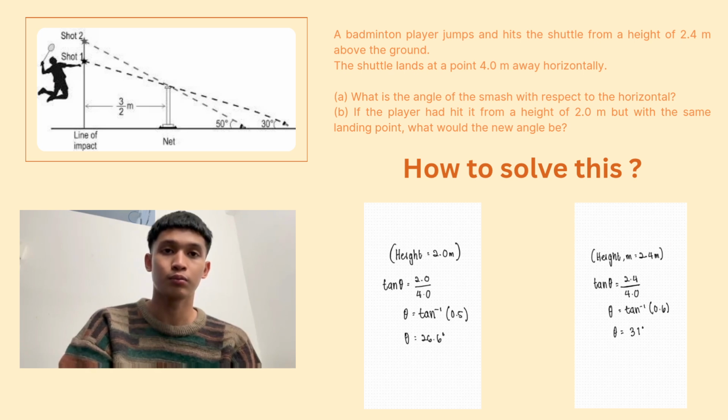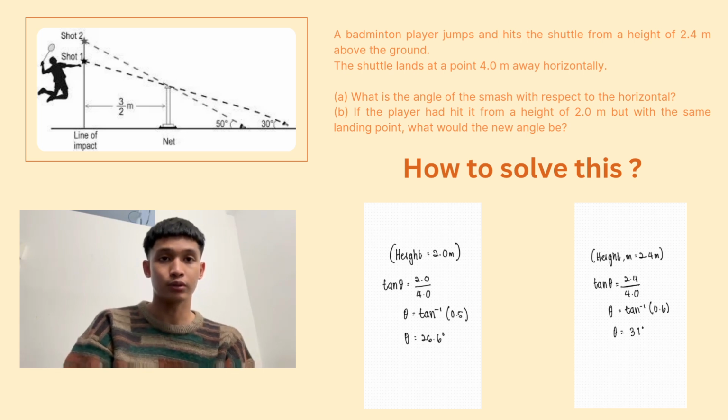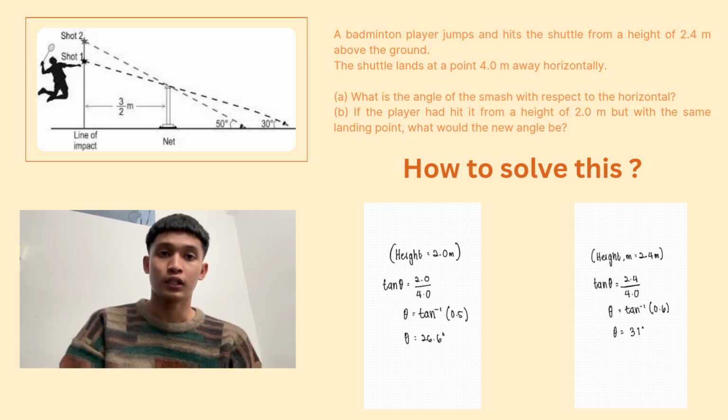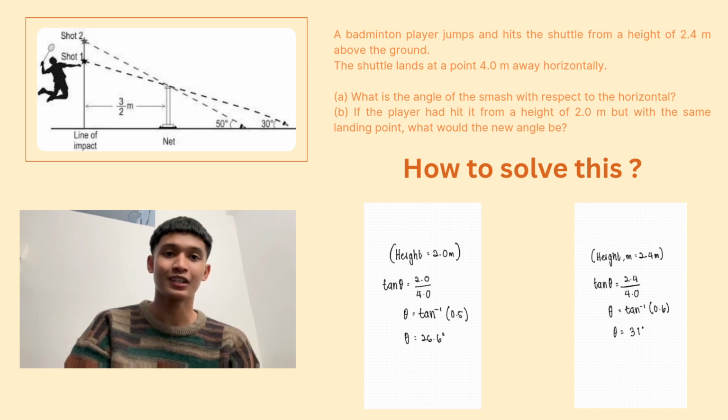We just put it in the formula: tan theta equals 2.0 meters per 4.0, and theta equals tan inverse of 0.5, and theta will be 26.6 degrees.